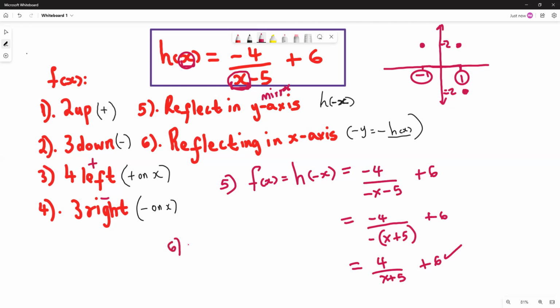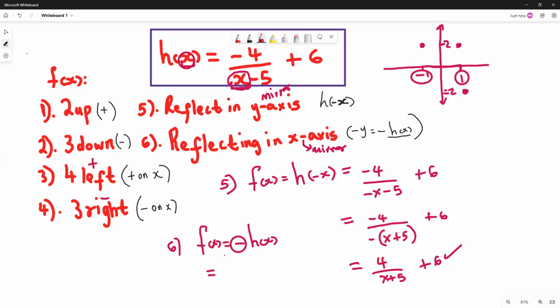For number 6, you are reflecting in the x-axis. It means your x-axis is the mirror. It doesn't change. The mirror does not change. So it means your y-axis is going to be negative. So you have f of x being equal to negative y. Remember, h of x is y, right? Now, what does this negative mean?